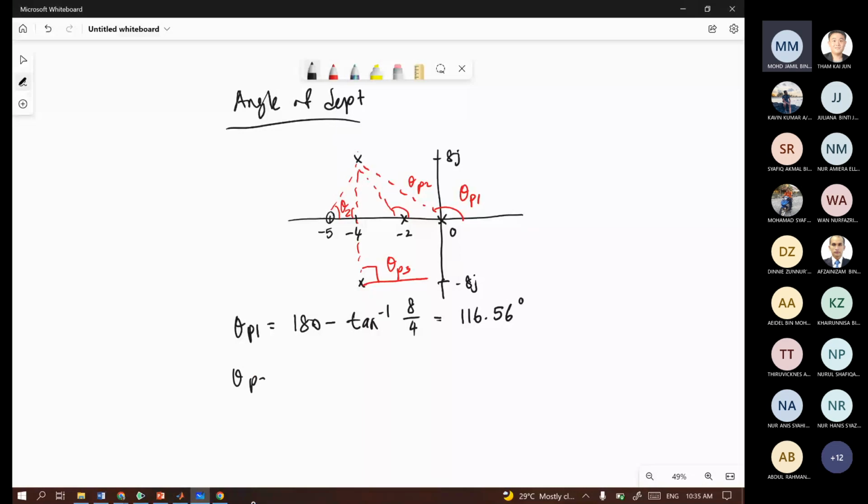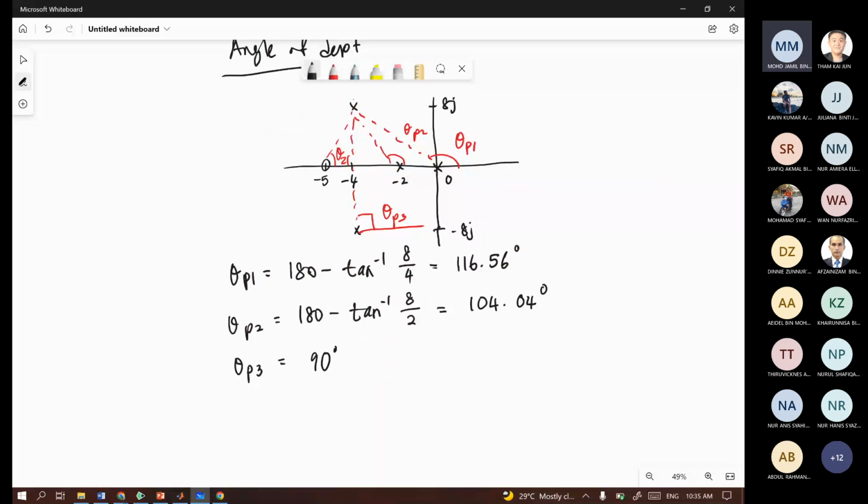And then theta P2, again 180 minus tangent inverse of 8/2. So you get 104.04 degrees. And then theta P3 is just 90 degrees. And then theta Z1, you use tangent inverse of this height divided by this length, so 8/1. You get 82.87 degrees.